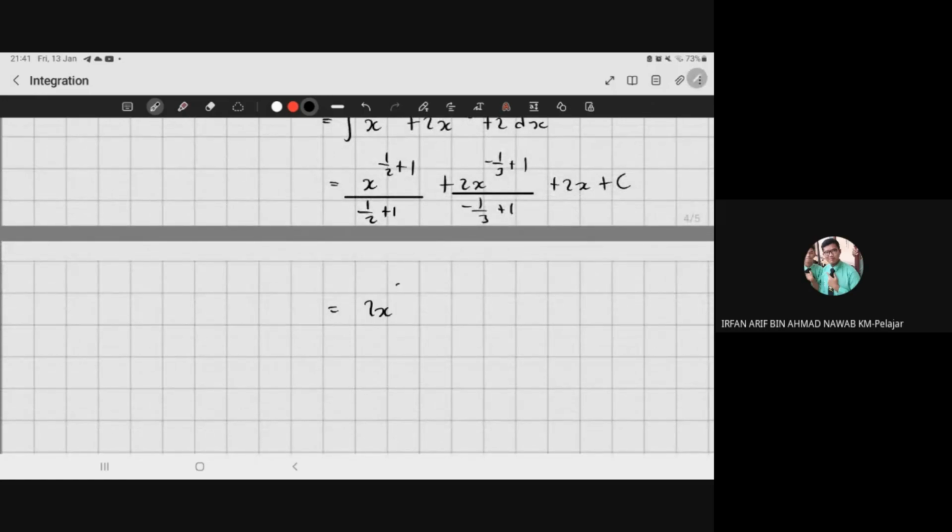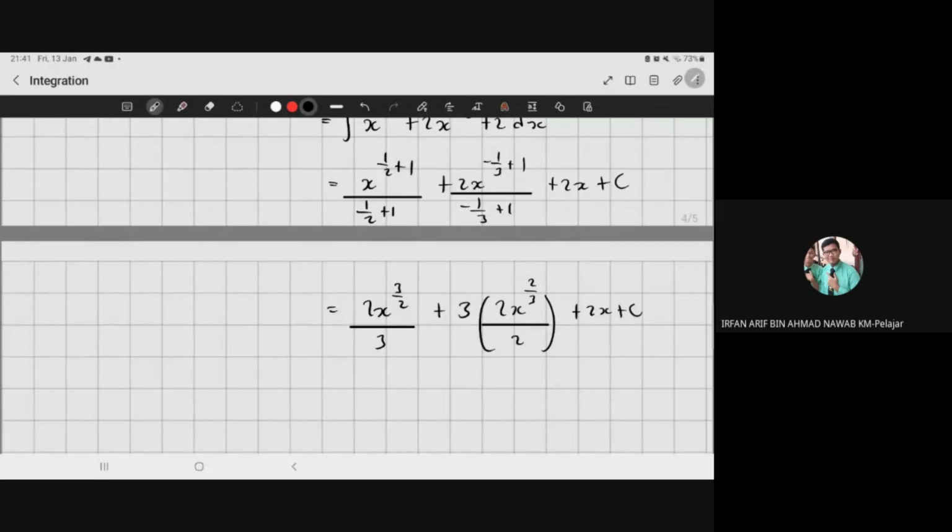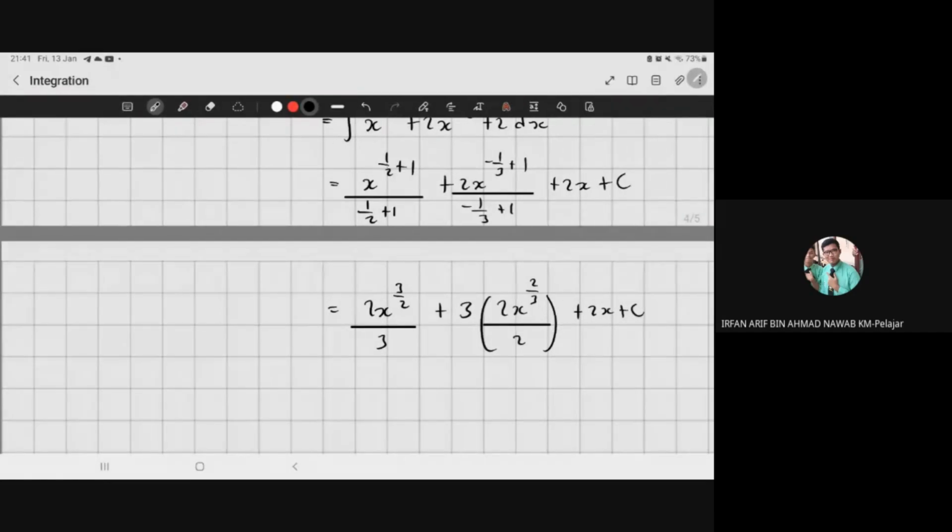And then try to simplify this equation. You will get 2x to the power of 3 over 2 over 3, and then this one, you should get plus 3x to the power of 2 over 3, plus 2x plus c. From here you could simplify this.